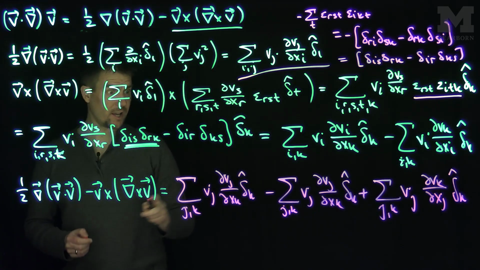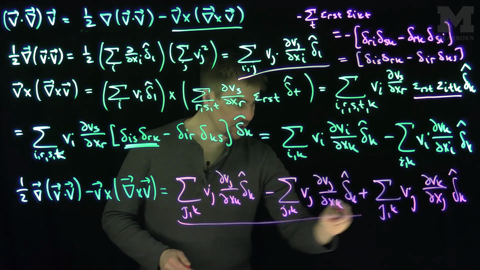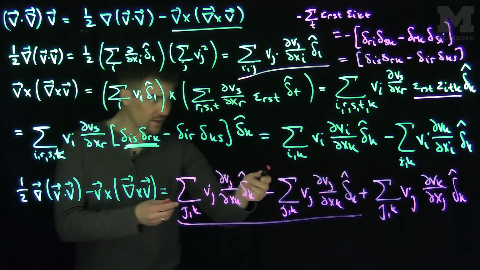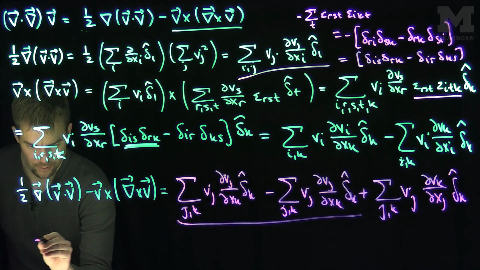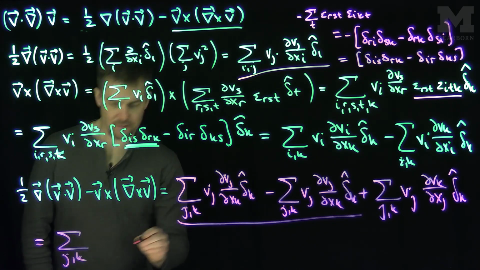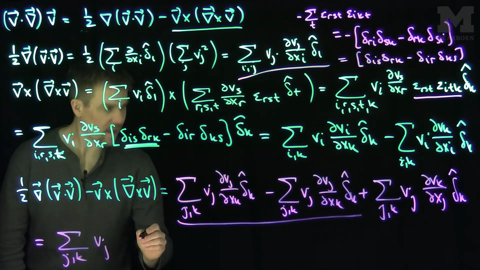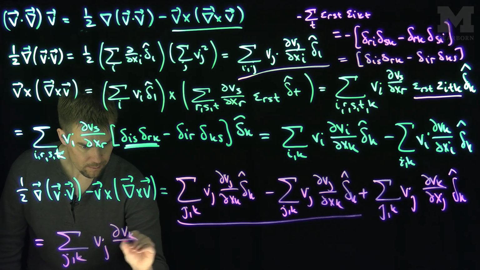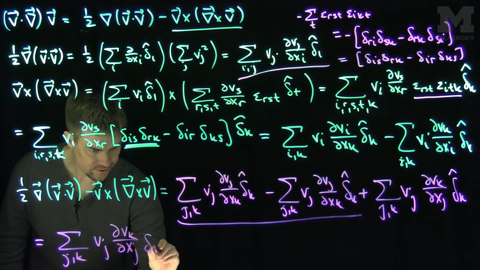Excellent. Now we see that these first two terms exactly cancel out, and what we're left with is that last term. So this is equal to the sum over j and k of v_j, partial v_k, partial x_j, delta k hat.